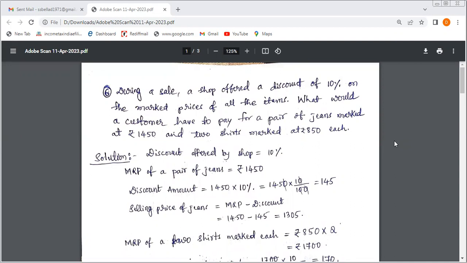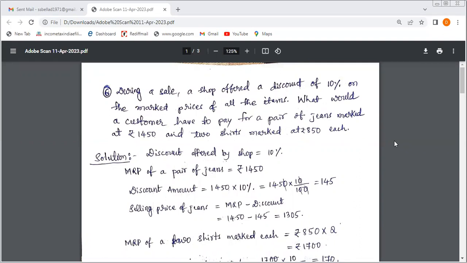Welcome back to this topic of comparing quantities of 8th standard CBSE mathematics subject.